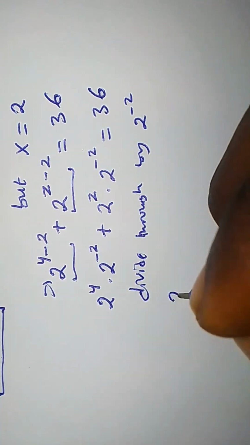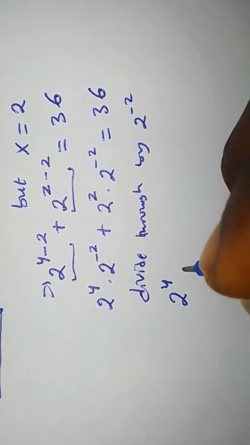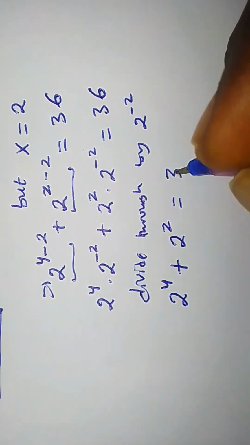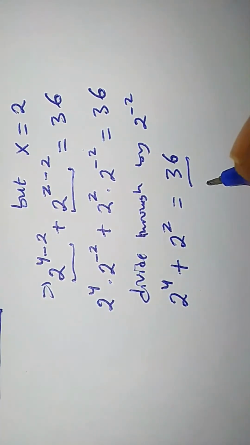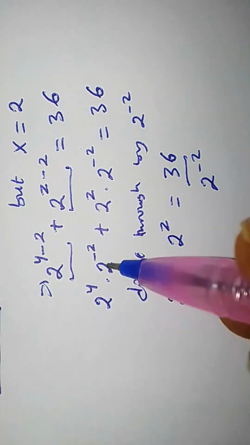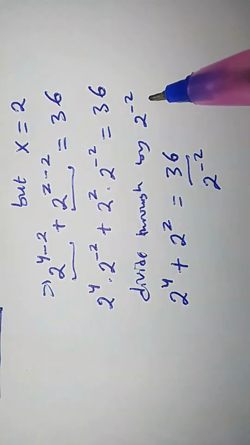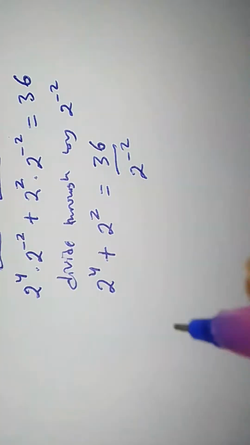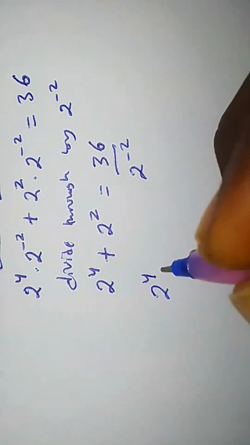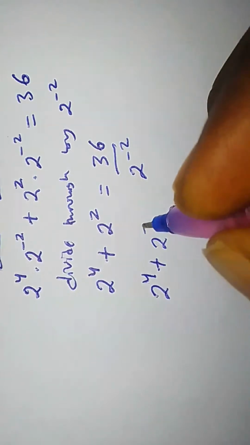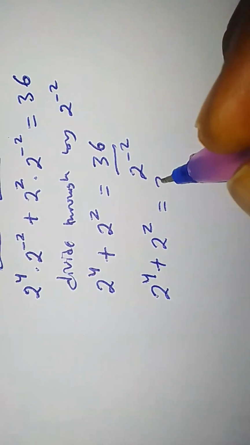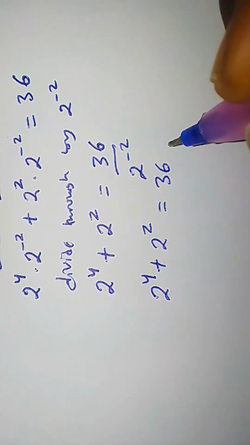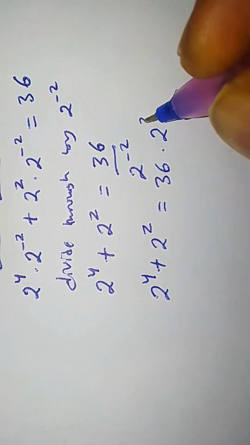We simply have 2^y plus 2^z equal to 36 divided by 2^(-2). That is, this factor will vanish. This will only be under this 36. Let's continue. 2^y plus 2^z is equal to 36. If this denominator goes up, we simply have times 2^2.